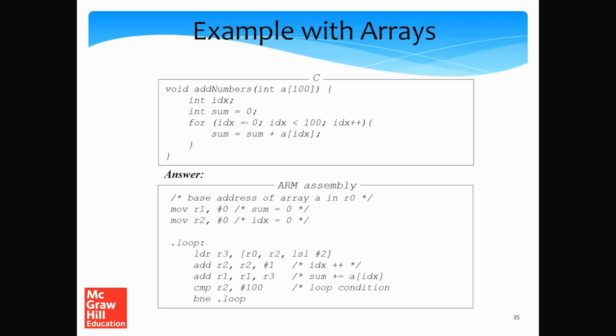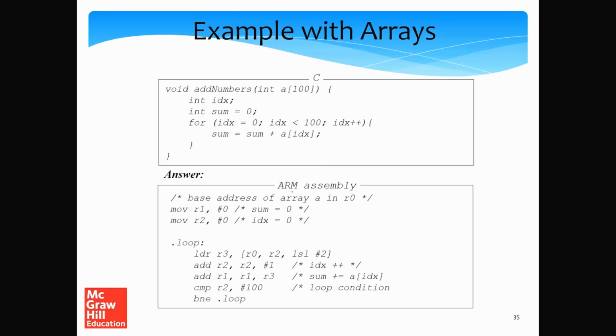The index moves from 0 to 100, so we iterate through all the elements in the array, and we do sum equals sum plus A[idx], which means we are adding all the elements of the array to the sum. The final output will be in the sum variable, and the sum variable can be returned as well, but I'm not showing that.